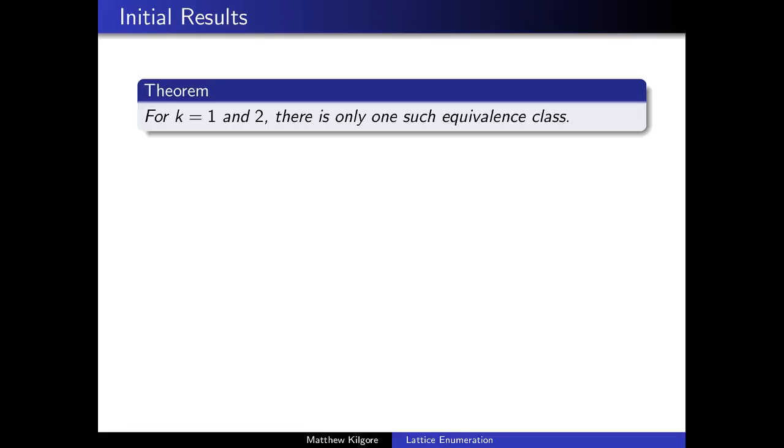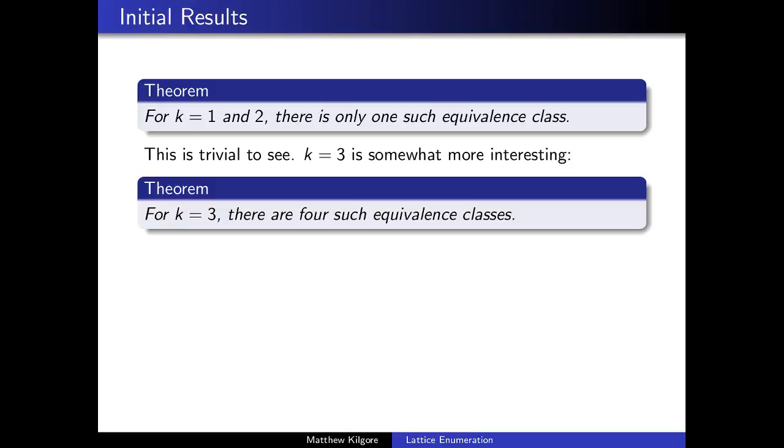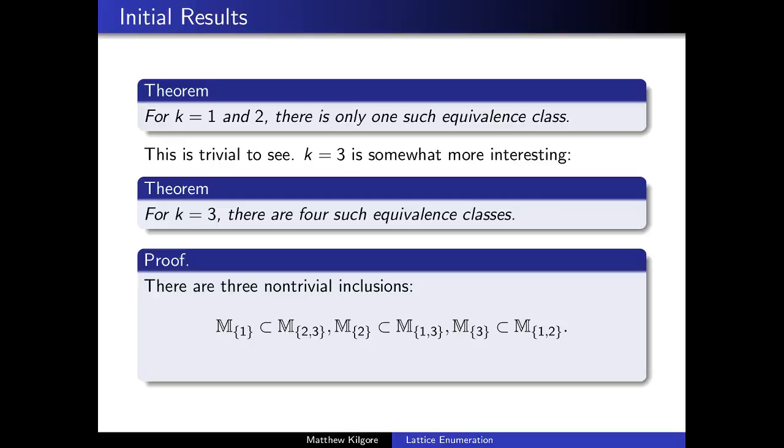For example, for k equals 1 and 2, there is only one such equivalence class. k equals 1 is trivial, there is only one lattice, and for k equals 2, you just flip it around when you perform the permutation and get one class, so that's trivial. k equals 3 is a bit more interesting in that there are 4 such equivalence classes. The proof is again though fairly simple.